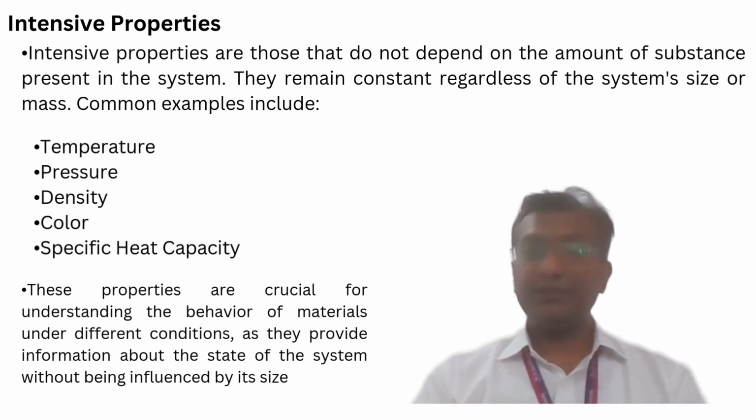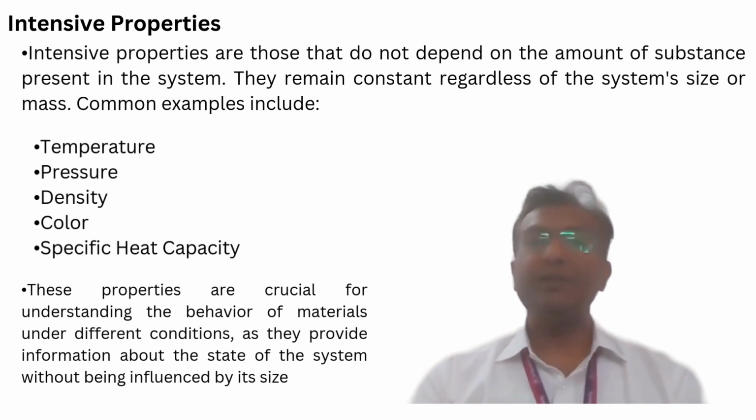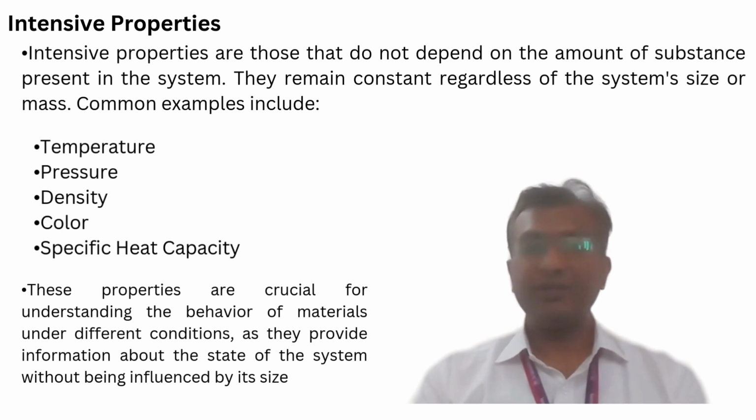The defining characteristic of intensive properties is that their values do not depend on the amount of substance present in the system. This means whether you are examining a tiny sample or a massive quantity of the material, the intensive properties will remain constant. It is an inherent characteristic of a substance itself, not the size of the system.